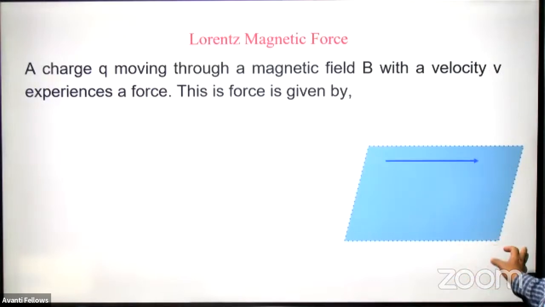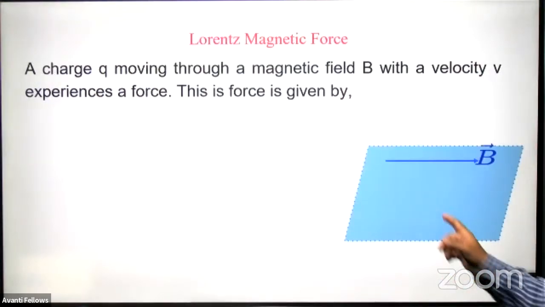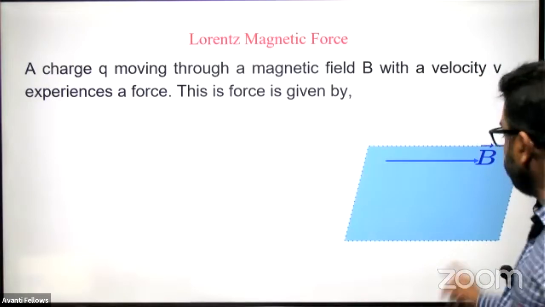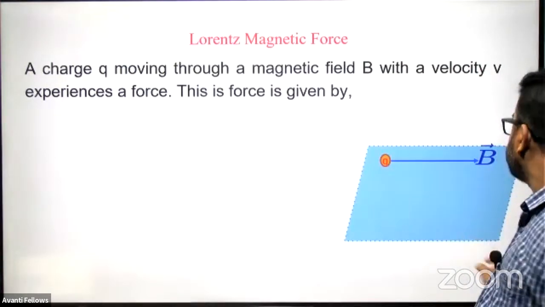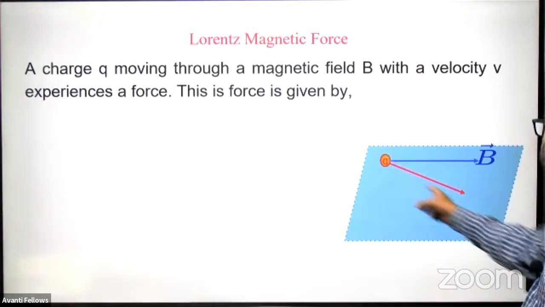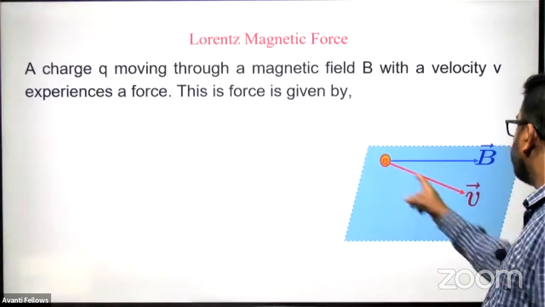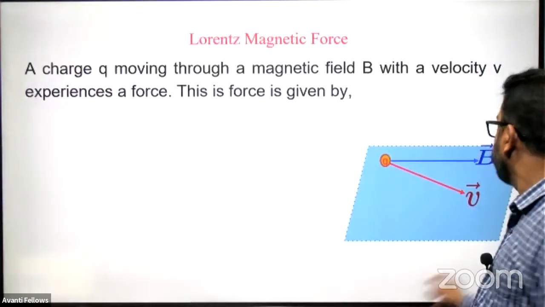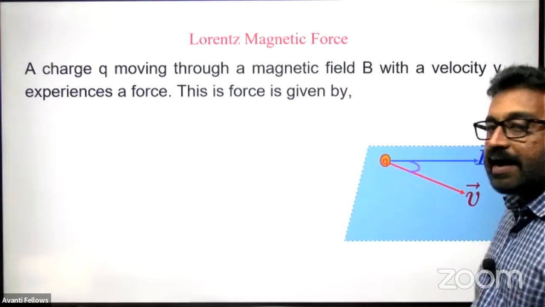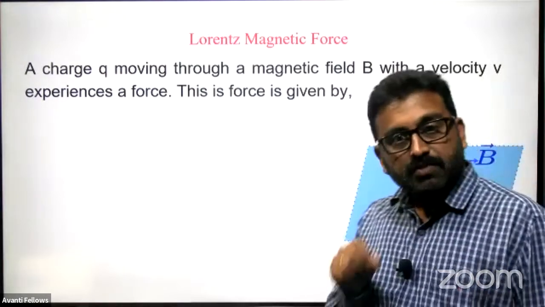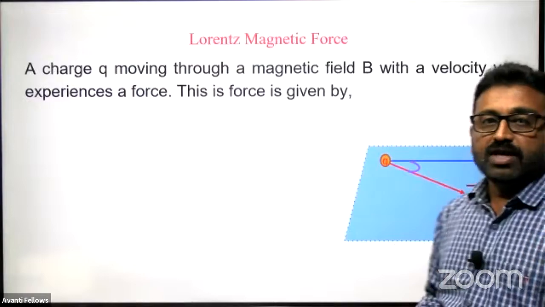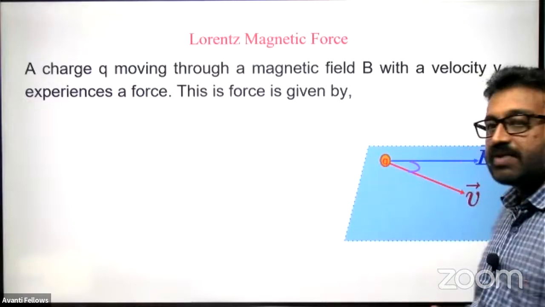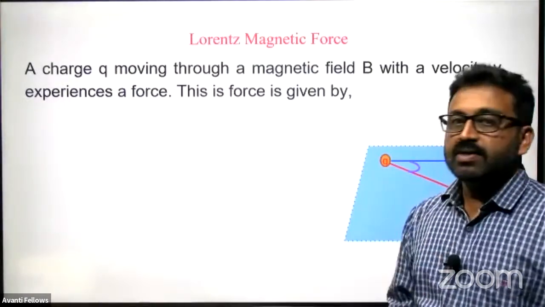See this one. Magnetic field B, which is moving towards right. And the charge Q is present there. It is moving towards this direction with a velocity V. And there is an angle between this velocity vector of charge and the magnetic field vector. So magnetic field is always a vector because it is always having a particular direction.